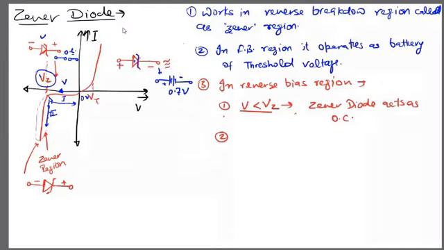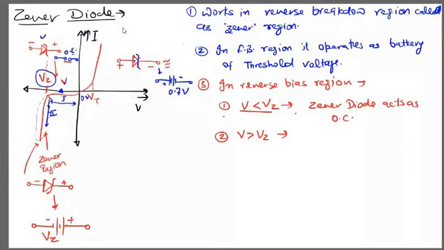Okay, fine. Second case. In the first region, this diode simply works as an open circuit whenever the applied reverse voltage is less than Vz. Second case, whenever V is greater than Vz, the diode comes into the Zener region and works as a voltage battery, plus and minus, that provides a voltage called the Zener voltage, Vz.